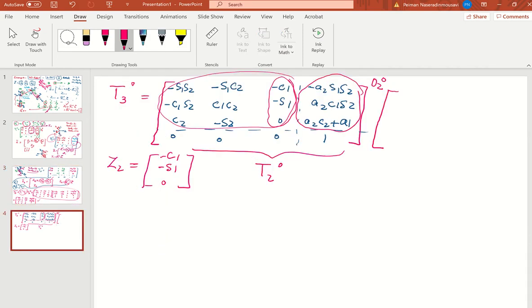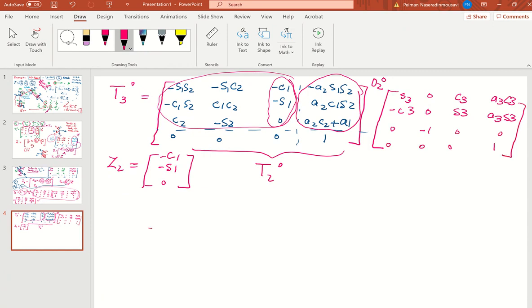So this multiplied by S3, 0, cosine 3, A3 cosine 3, minus cosine 3, 0, sine 3, A3 sine 3, 0, minus 1, 0, 0, 0, 0, 1.